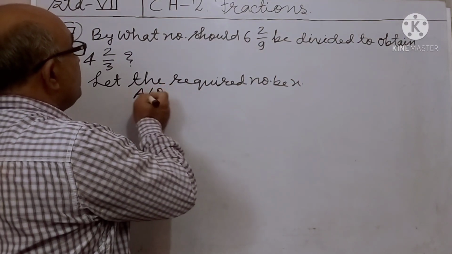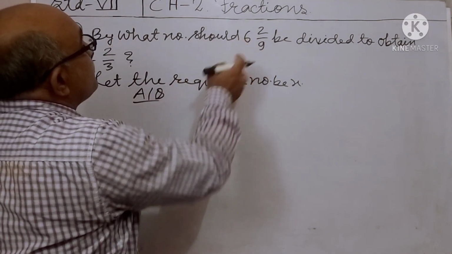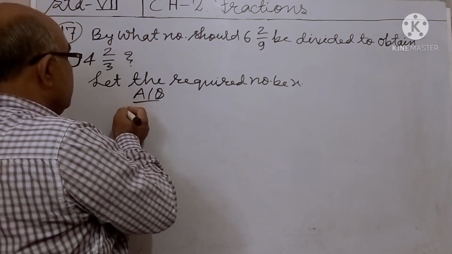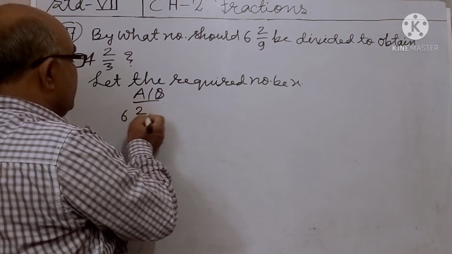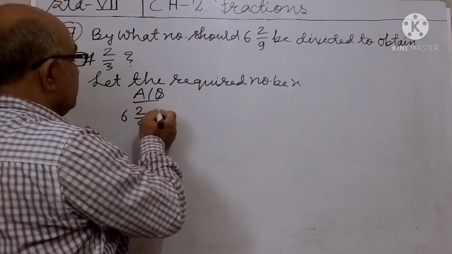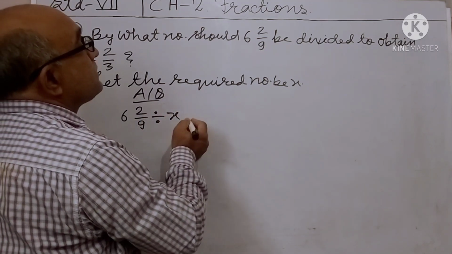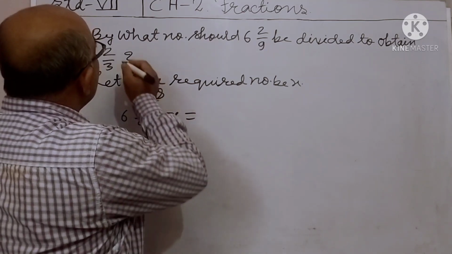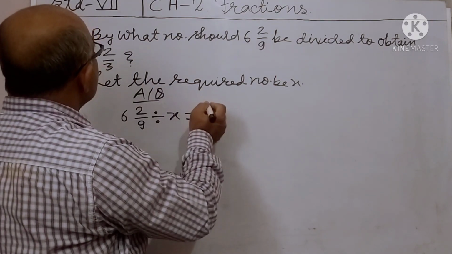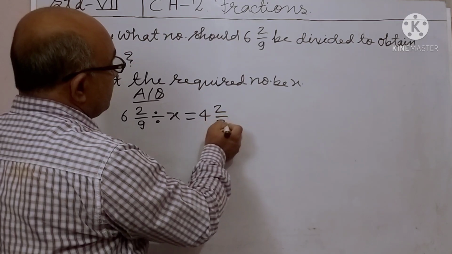So according to the question, 6 whole 2 by 9 divided by x equal to the quotient 4 whole 2 by 3.